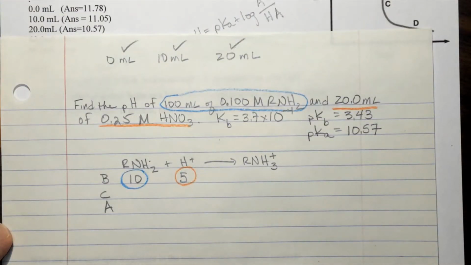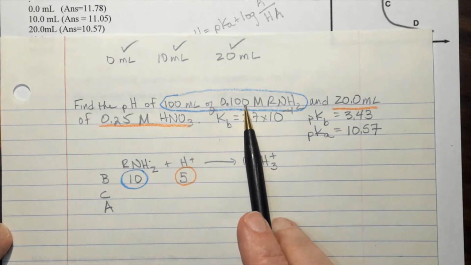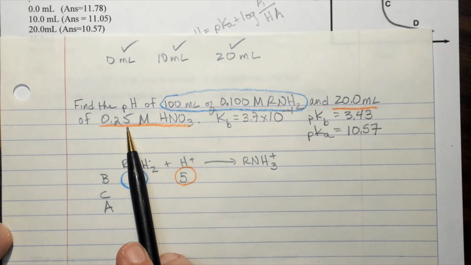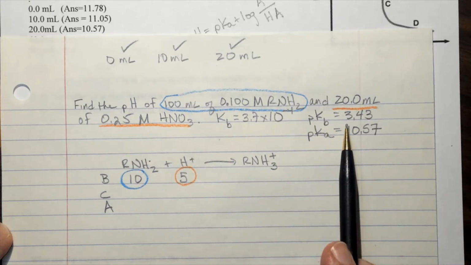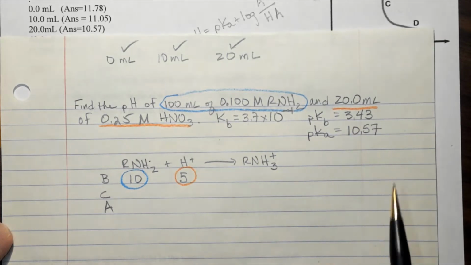All right, we've calculated 0 mLs, 10 mLs, now we're on to 20 mLs. So now we have 100 mLs of the 0.1 molar RNH2, and we've added a total of 20 mLs of the 0.25 molar H plus. There's our Kb values, and we calculated pKb and pKa in the previous problem.